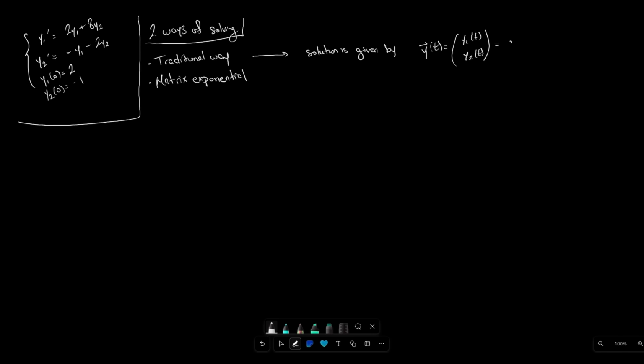And it equals c1 times an eigenvector, and we call the eigenvector x with an arrow over it because it's a vector, corresponding to an eigenvalue lambda, so I'm going to call lambda 1 my first eigenvalue, e to the lambda 1 t, plus c2 times the eigenvector corresponding to lambda 2, e to the lambda 2 t, where lambda 1, lambda 2 are the eigenvalues of the matrix M. Where's my matrix here?